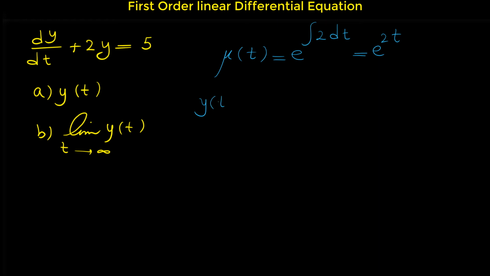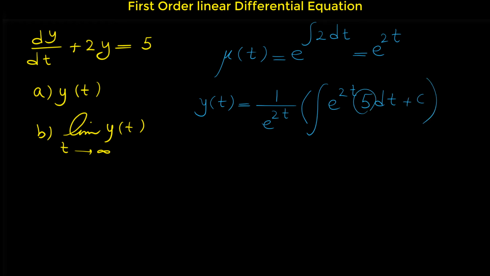So y, or y of t, finally is 1 over integrating factor, which is e to the power of 2t, times the integral of integrating factor mu, which is e to the power of 2t, times q, which is 5, dt plus c. Note that 5 here is a constant. You can put it behind the integral.